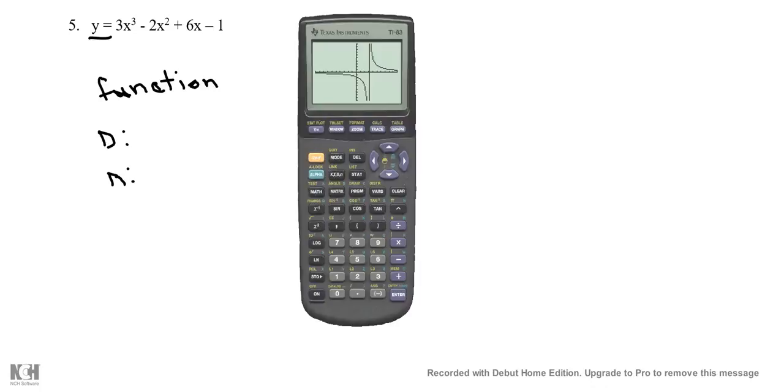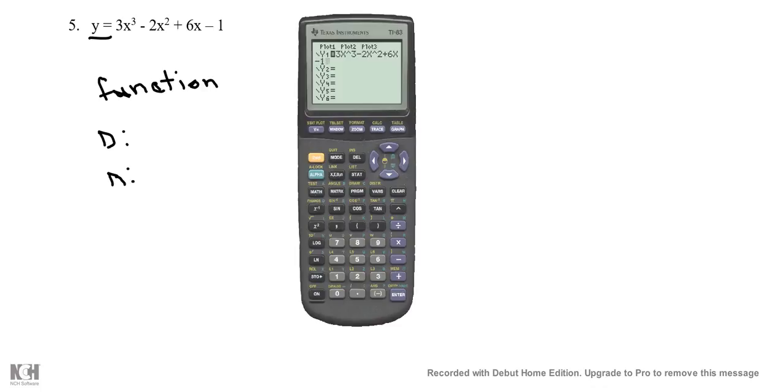Now I could graph it, and I will just for the purposes of this course. We're going to go to y equals, clear. 3x. This up arrow above the divide key is my power button. So 3x to the third minus 2x to the second plus 6x minus 1.